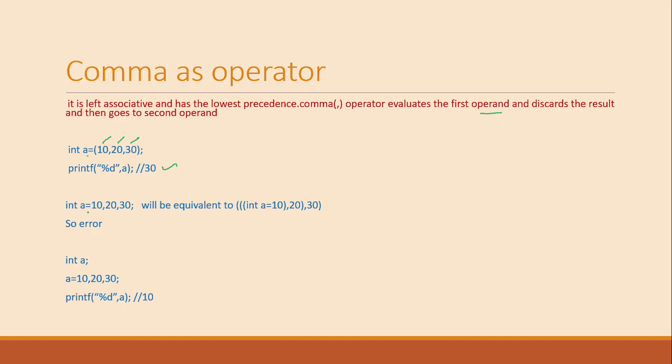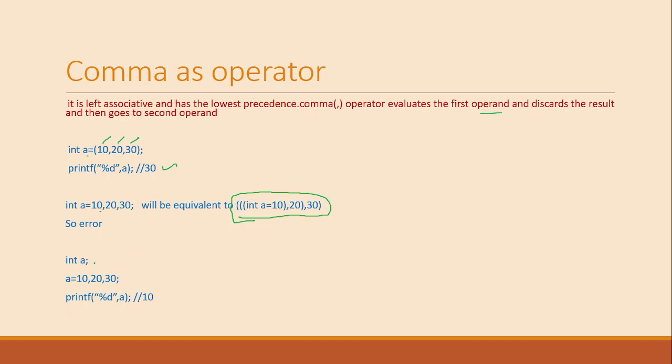Now in this case, when I have A equal to 10, 20, 30 without brackets, it takes a value like this. Since there is no bracket precedence over here, automatically it will result in an error message.